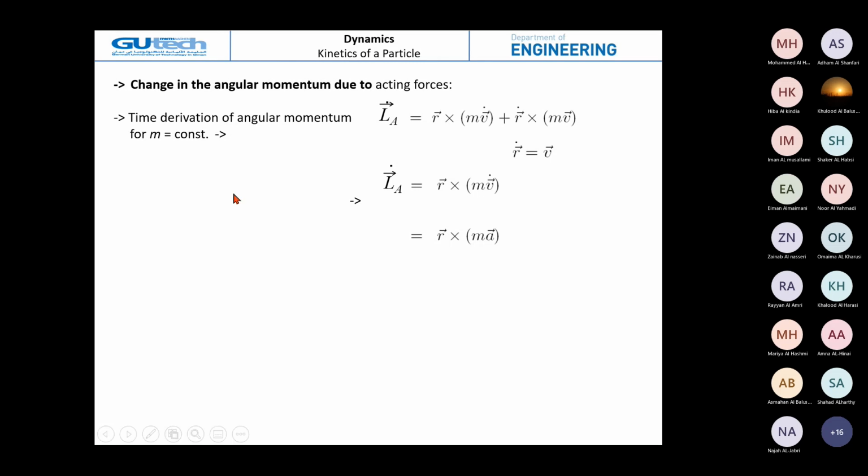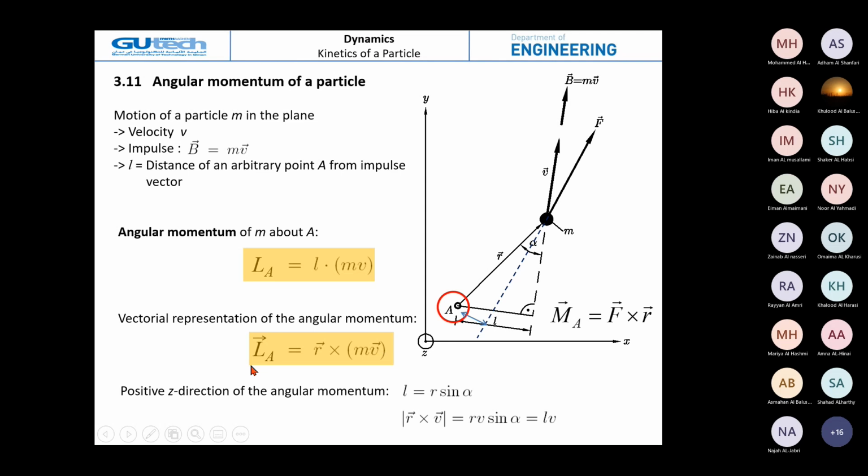Now there is what we call the change in the angular momentum due to the acting forces. The change means that during the motion, we look at each change during the motion. That means it is represented by the time derivative of the angular momentum. Okay, now we have this expression in vectorial representation; in general, this is only the scalar representation.